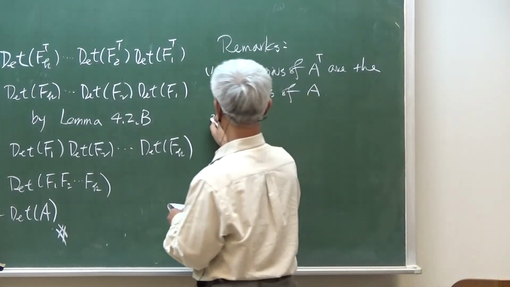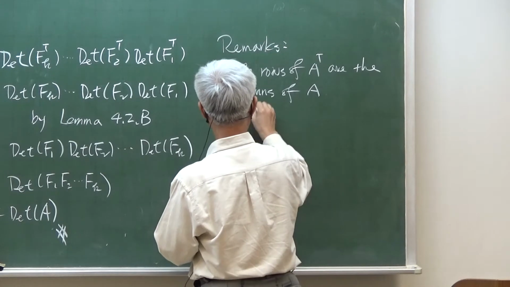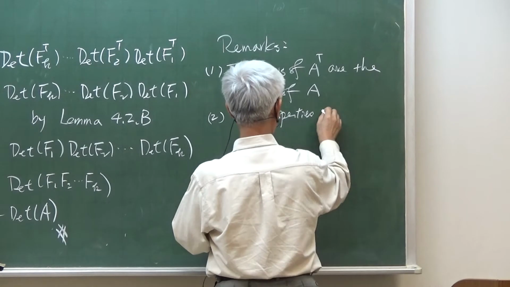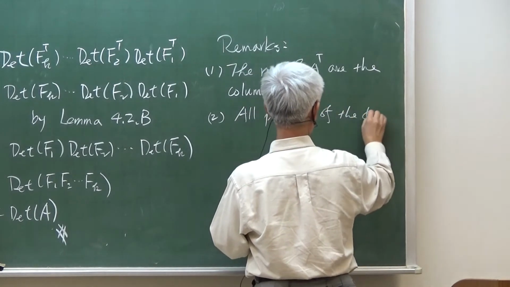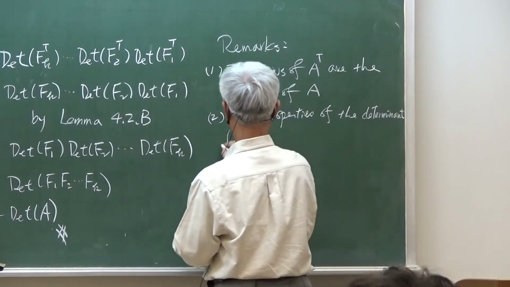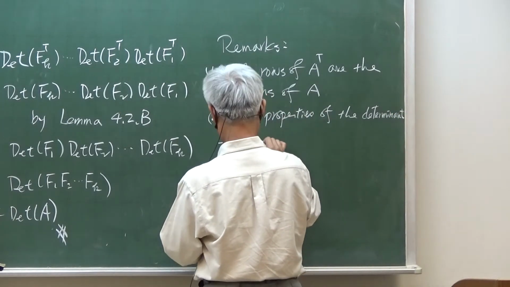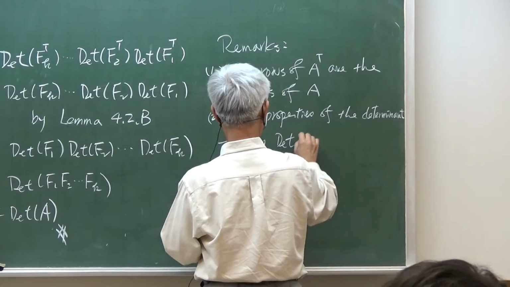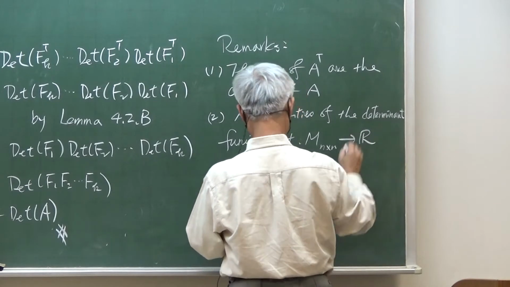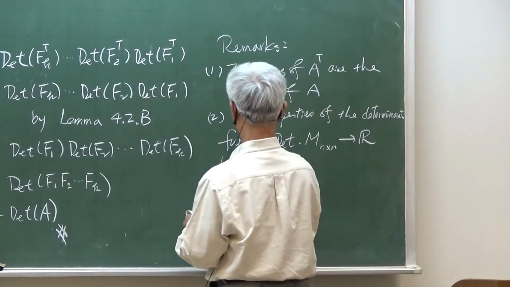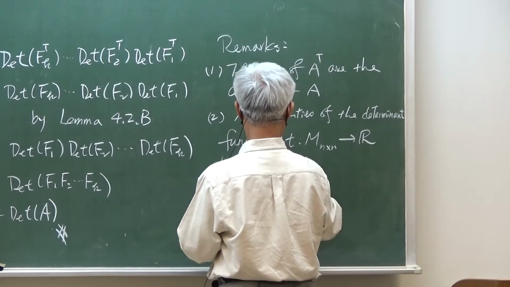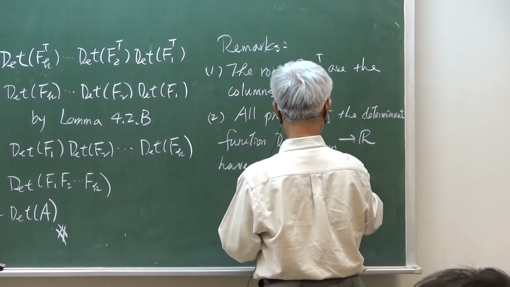So all properties of the determinant function, det from matrices to R, have a version for columns.